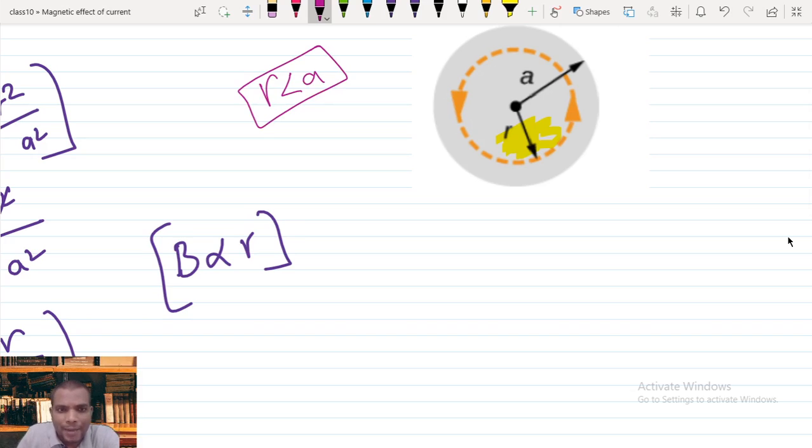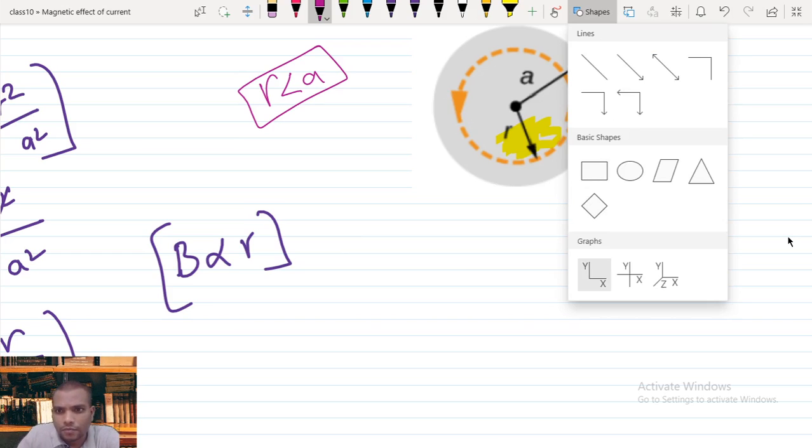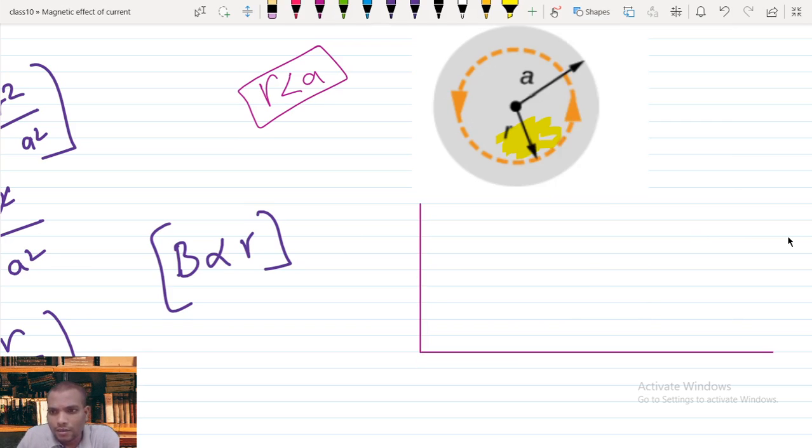In this case the magnitude of the magnetic field is directly proportional to the radius. Suppose we draw a graph of magnetic field B versus r.